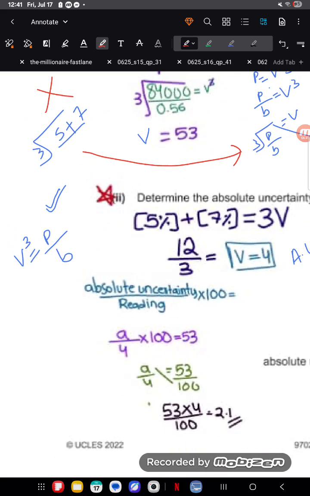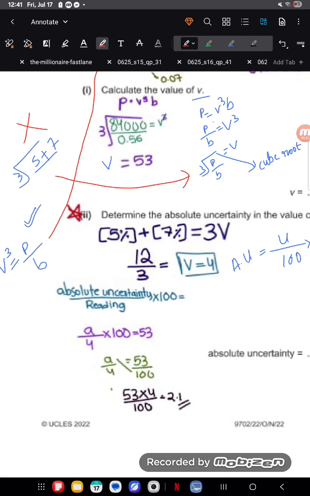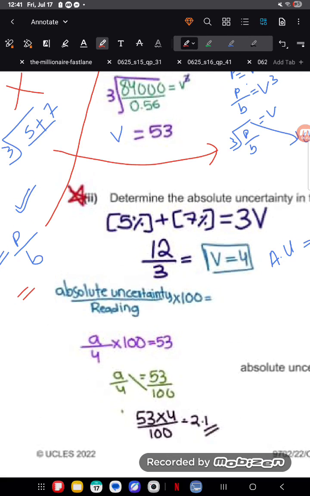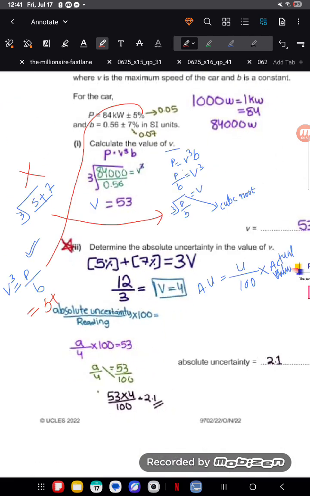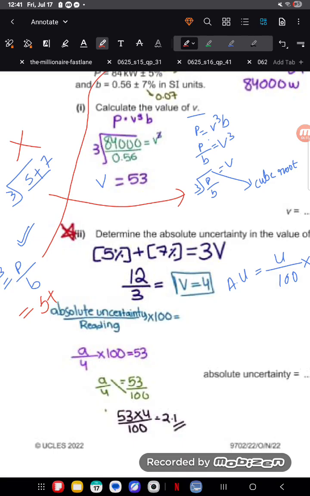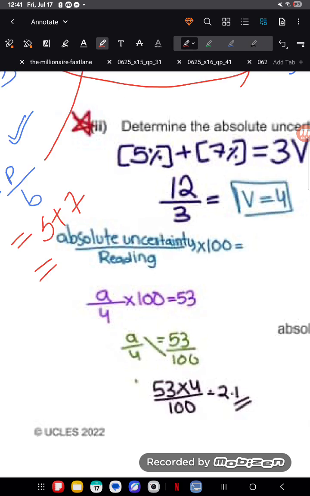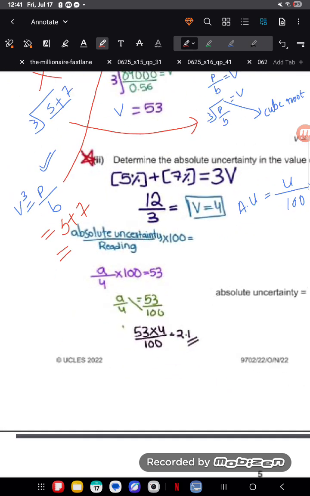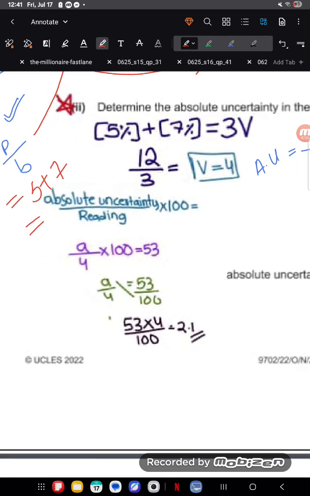So the percentage of P was 5, and you have to add, so you will write 5 and 7. Whatever answer you get, again I am repeating, that 12 you will divide by 3.